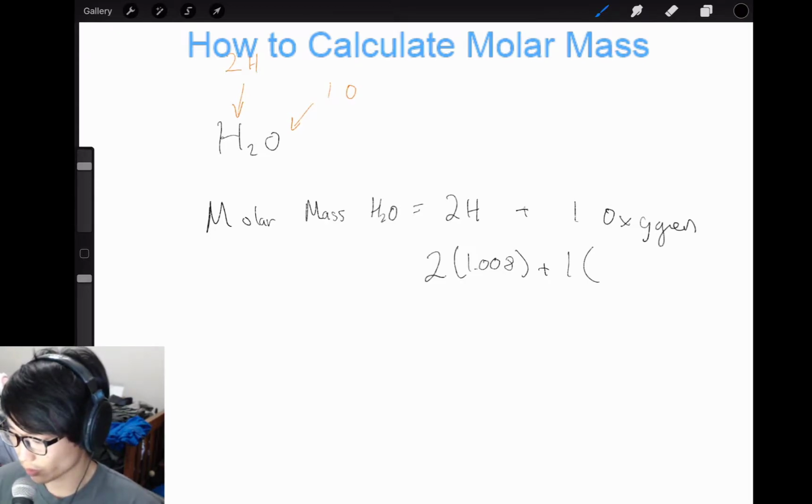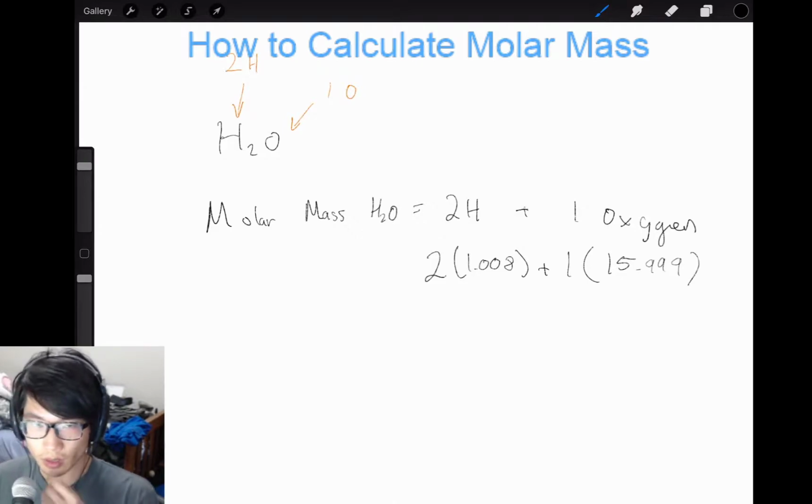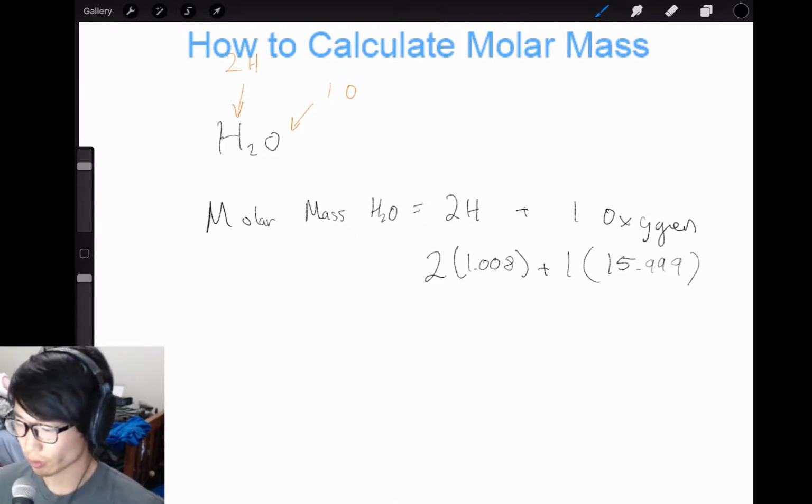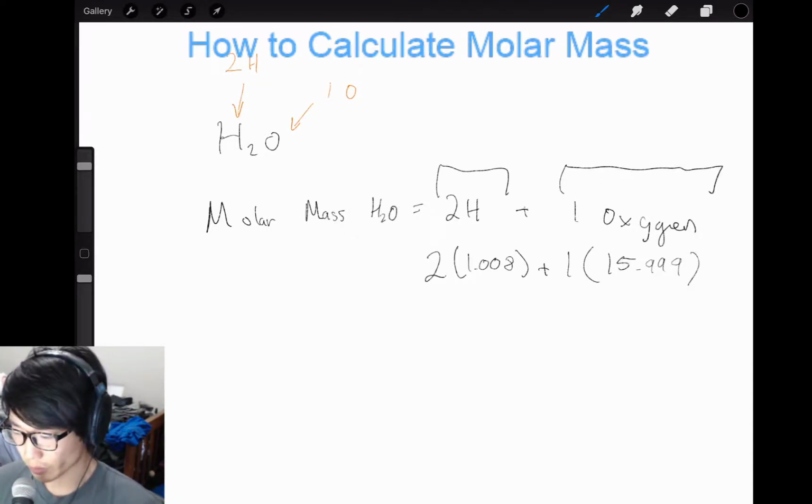So I write 15.999. I'm just going to take a second to pause here. Remember, my molar mass of H2O is the mass of 2 H's plus 1 oxygen. So right here, that's what I have. But to fill in the H and the oxygen, I need to use my periodic table, and that's what I did right here.